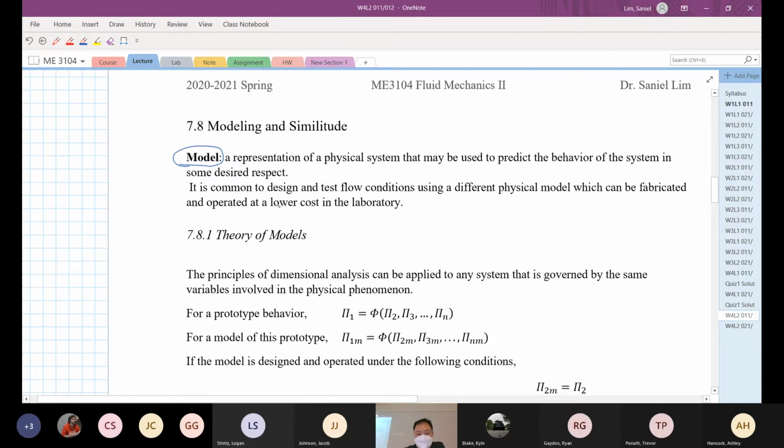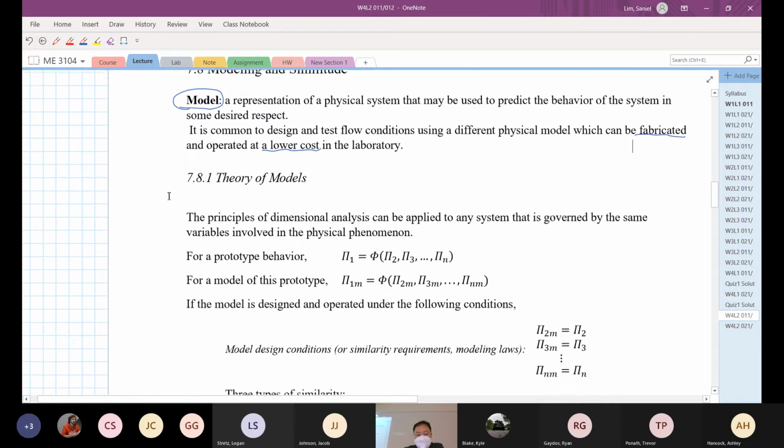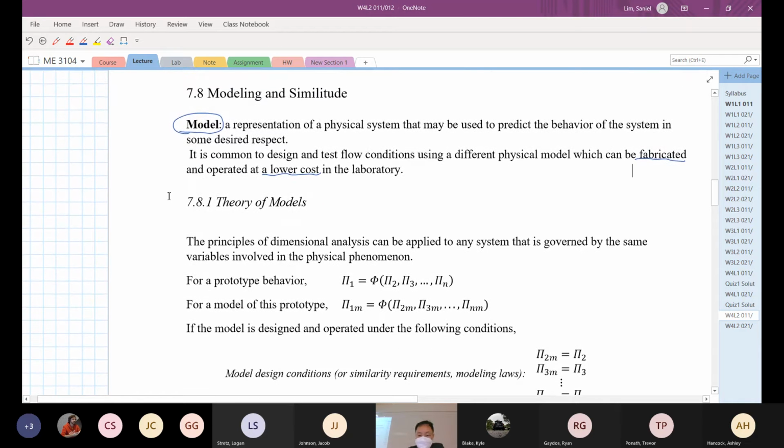Because we need lower cost and we can fabricate it more easily, within a day or two, if it's simple enough, we can run the experiments to get the relationship between the pi terms. Then we can scale it up to the real device or system. So we're going to talk about the relationship between the prototype and the model.